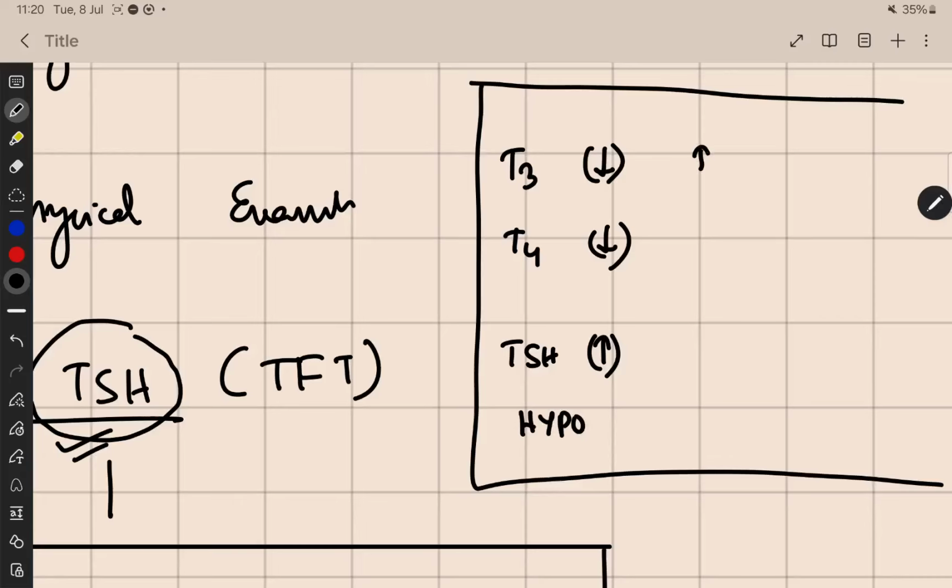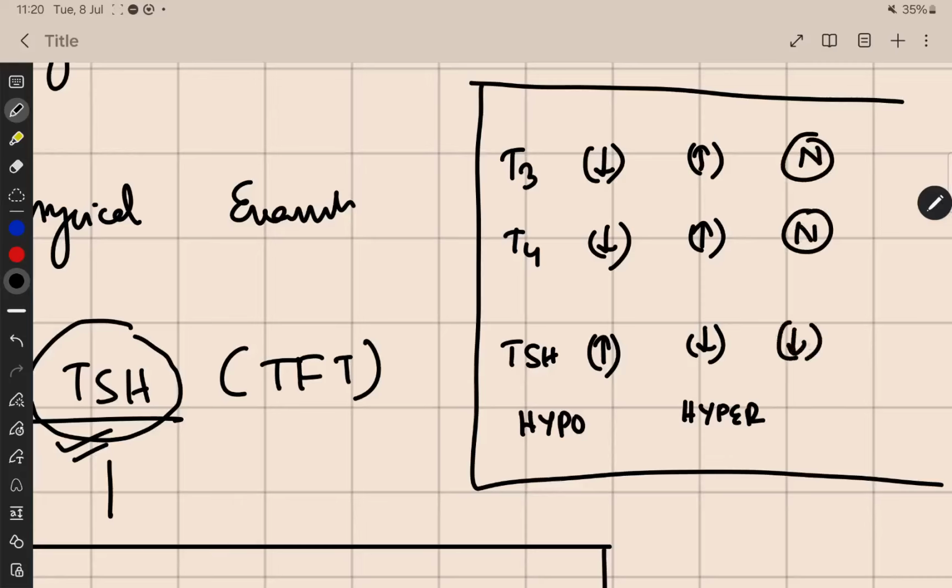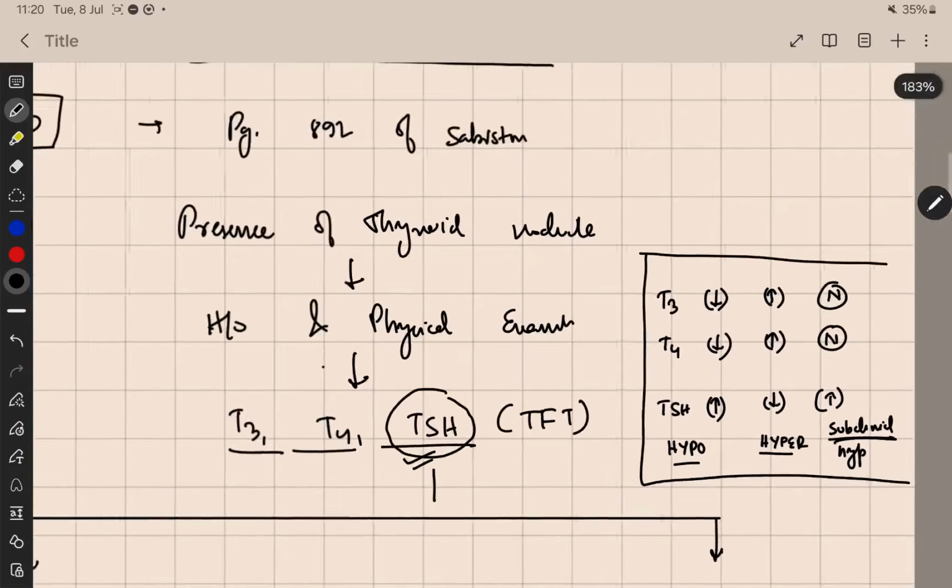If T3 is high, T4 is high and TSH is low, we call it hyperthyroidism. These are both clinical. While if T3 is normal, T4 is normal and TSH is high, we call it subclinical hypothyroidism.